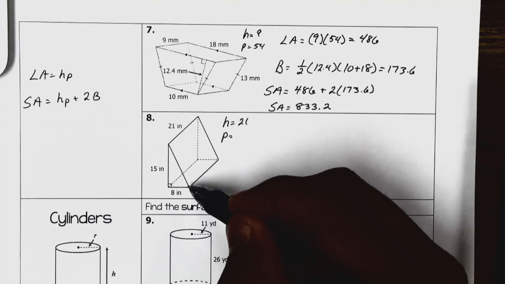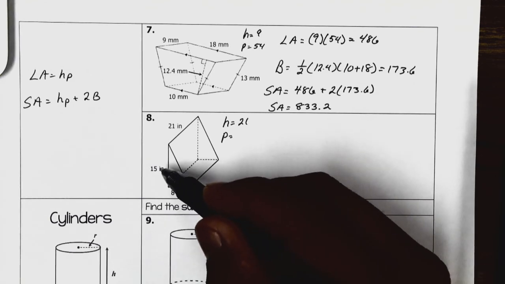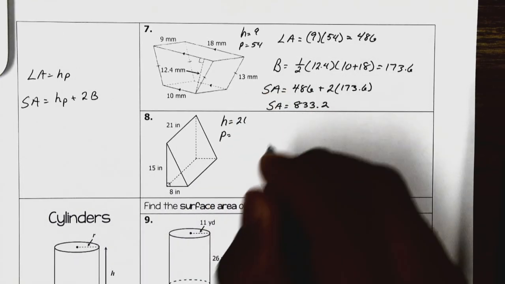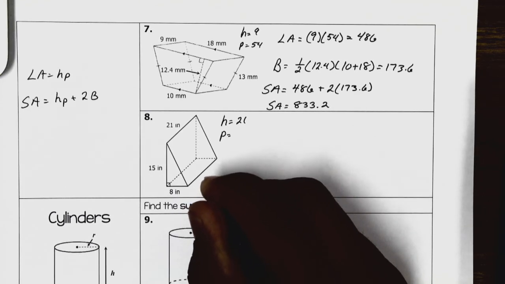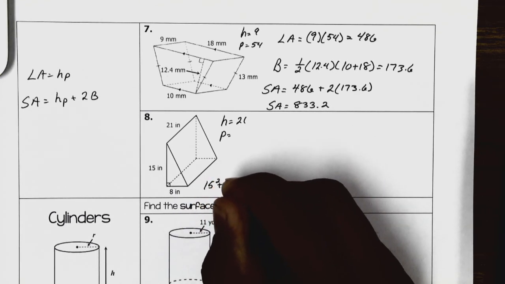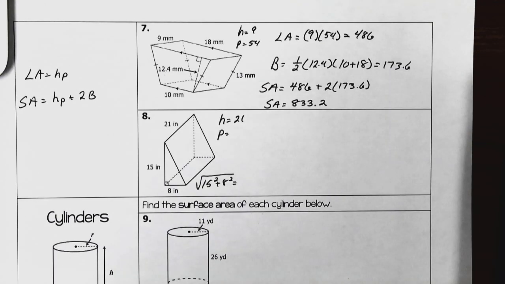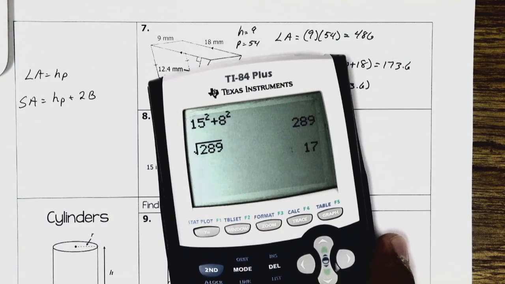So it is the hypotenuse. So you're gonna do 15 squared plus 8 squared. So I'll do it right here. So 15 squared plus 8 squared, and then you square root it. Which actually became a perfect 17.